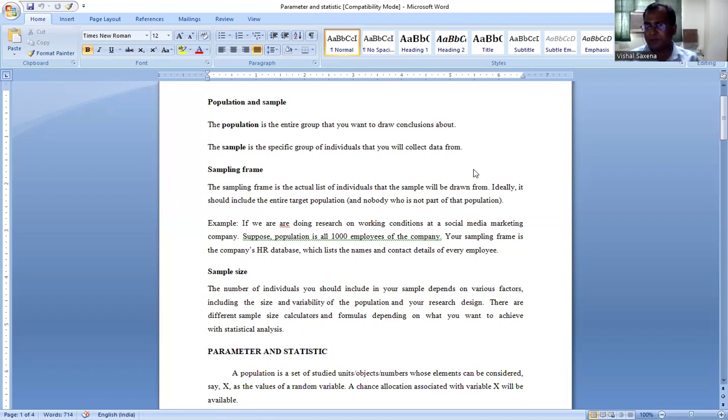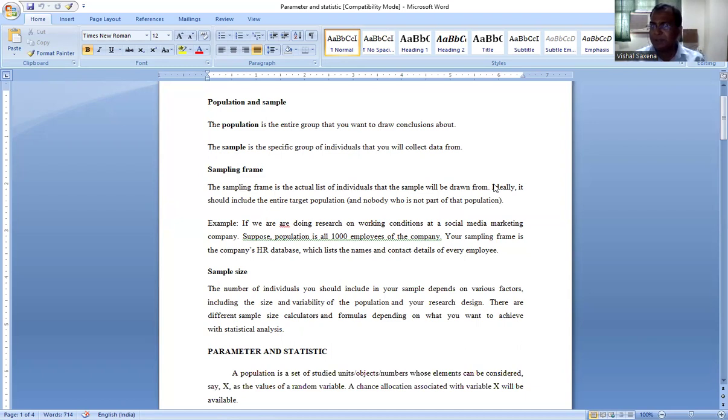So definitely it is an entire group, a large group of individuals. Now the sample is the specific group of individuals that you will collect data from. A sample is a specific group of individuals, and it should be a subset of the population.